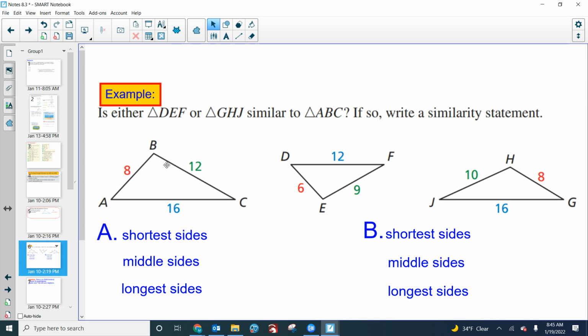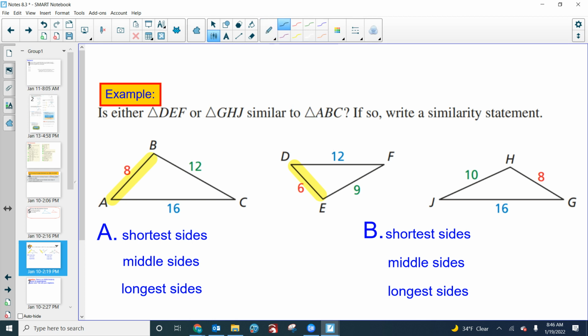All right. Now, some of these are kind of twisted and turned, so let's match up the corresponding sides. What goes with AB in DEF? Well, AB goes with DE. Do you guys see that? So when we go to list, I kind of gave you guys a little help here.